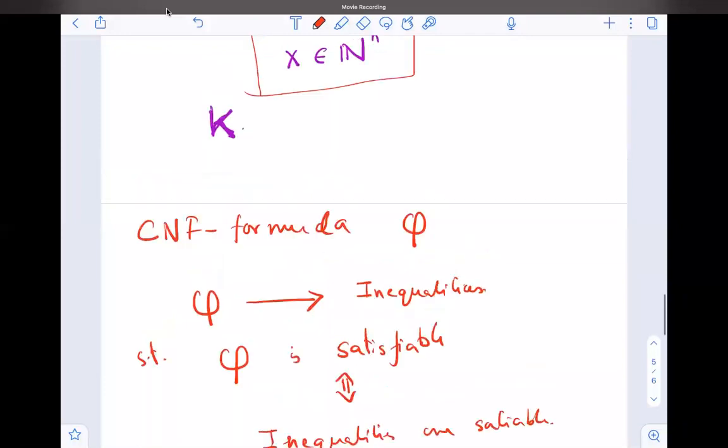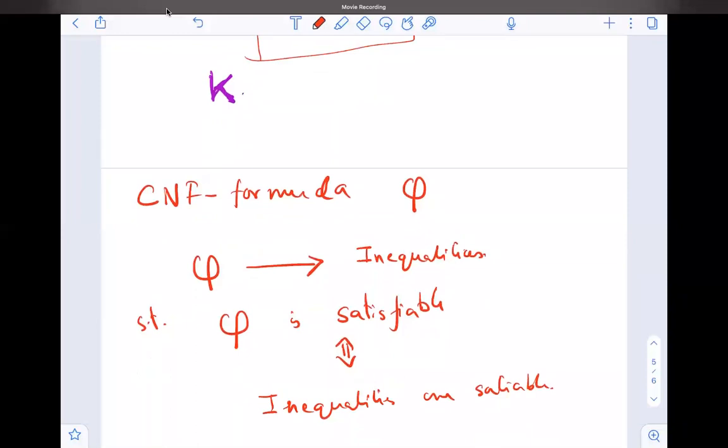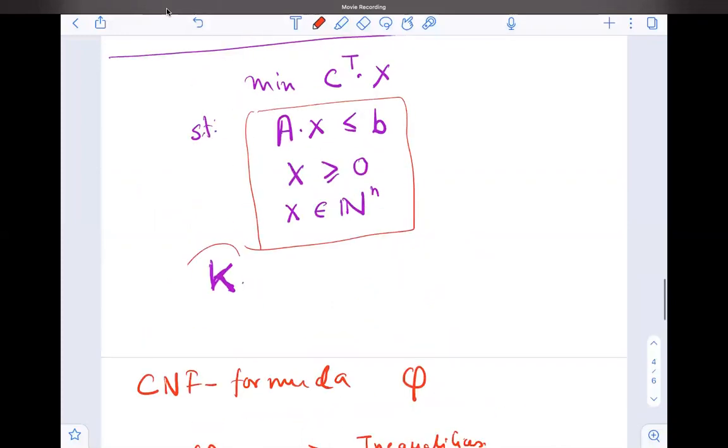In that case, I can take K to be any number that I want, maybe a massive number.